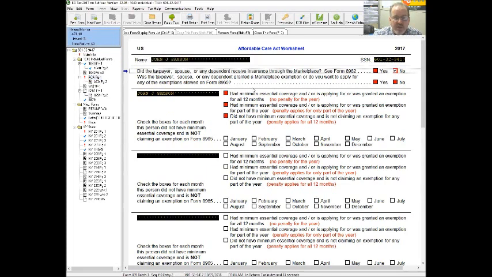The second question is, if they did not have insurance all 12 months, are they asking for an exemption? We're going to say no on that one. And then these 3 boxes after John's name, this one says that he had minimum essential coverage the entire year. Again, the other boxes and the exemptions and the marketplace we'll talk about later.